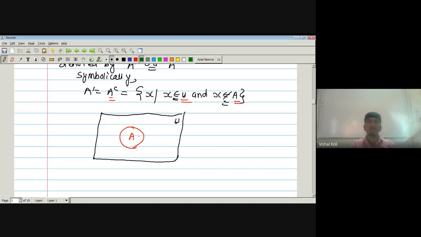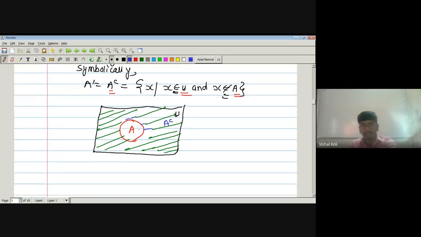Therefore, the remaining area, shaded by these green lines, is the complement of set A. This is the region A complement. Since by definition A complement is the difference of the two sets U and A, we remove A from U, and the remaining portion is U minus A, that is A complement.